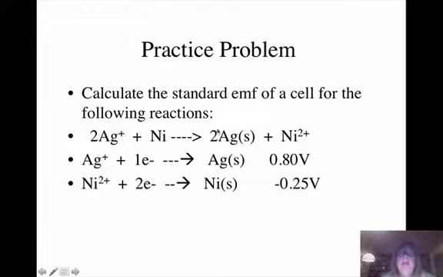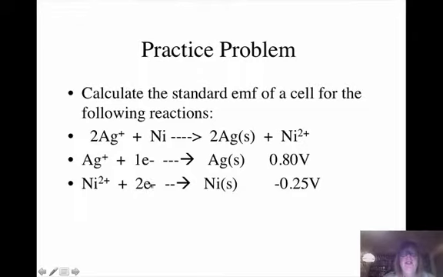Well, silver is being reduced, it sure is, and here is its reduction potential. It's 0.80 volts. However, there are 2 of them up here. That's okay, don't change the number. Here we have nickel 2+. It is being reduced here.